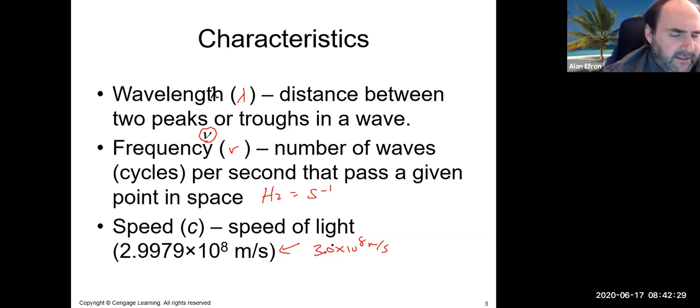Some books like to use it, and some people like to use that spread out number. But I think in the end, you get about the same number if you just round it to 3 × 10⁸. So like I said, I'll use 3 × 10⁸ as the speed of light. Again, it's a constant, not always given to you directly, but it's assumed that you know that it's a constant and that you have that value available to you.